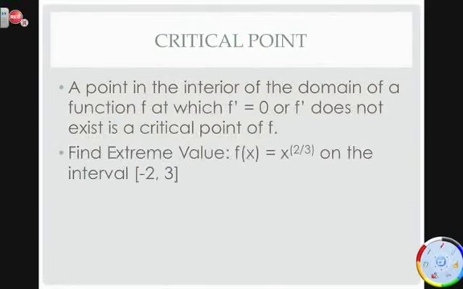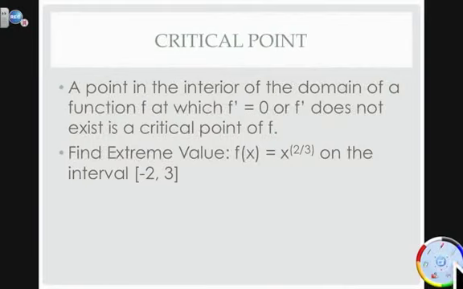And the first one here is we're going to look to find extreme values of the function f of x equals x to the 2/3 power. And we're looking at the interval from -2 to 3 inclusive. Because extreme values can occur at endpoints, you need to find the value at the endpoints as well.